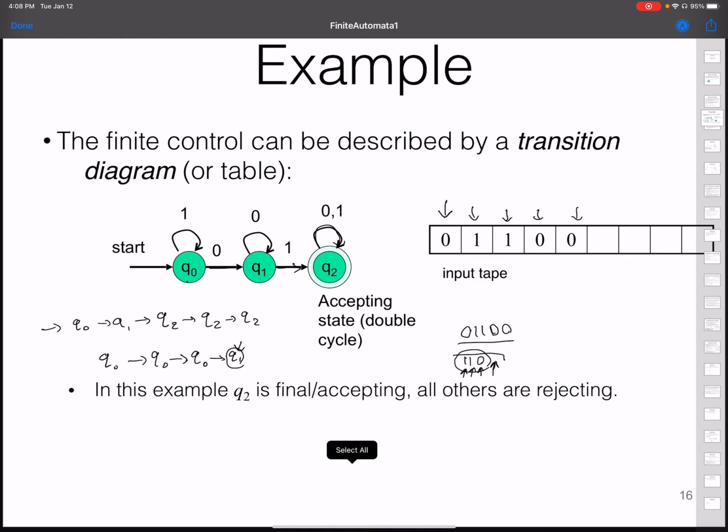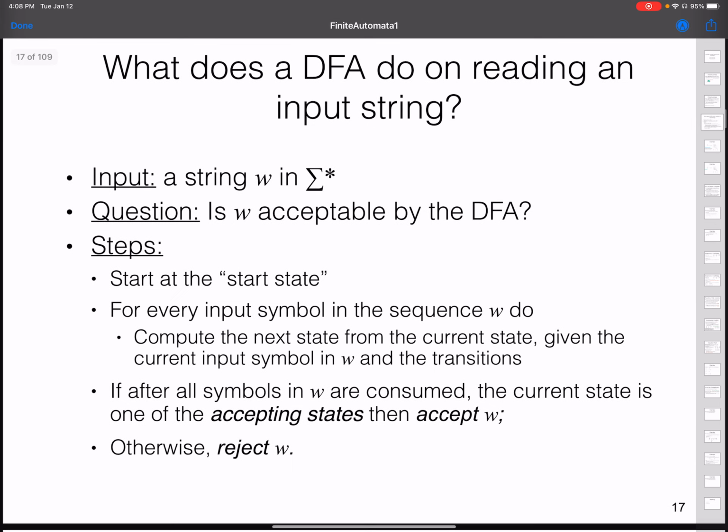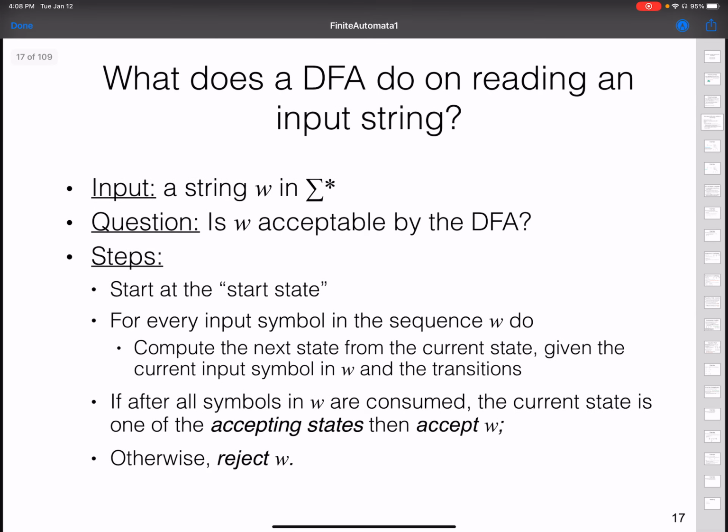Okay, I have been talking over this slide and this example a lot. Here I have summarized what I explained. It tells you that you should start from a start state, read over the input string one symbol at a time, and over each symbol from the input, follow the transitions. At the end, if you reach an accepting state, you will accept the string.